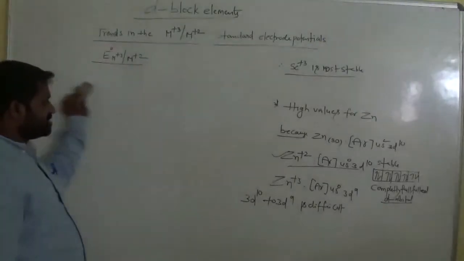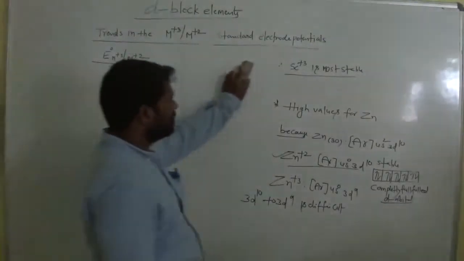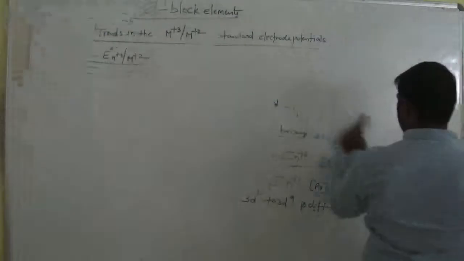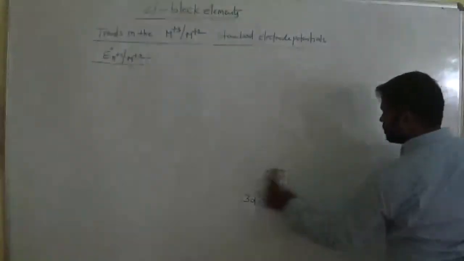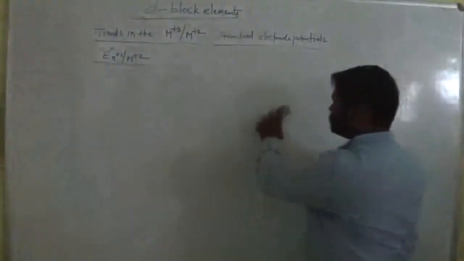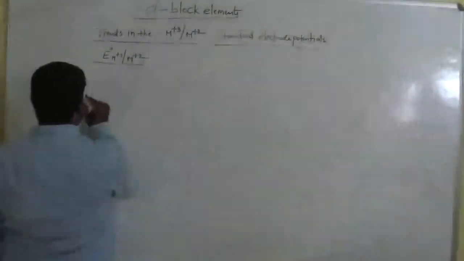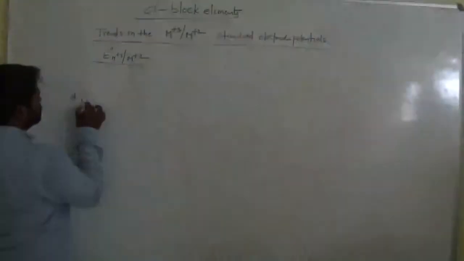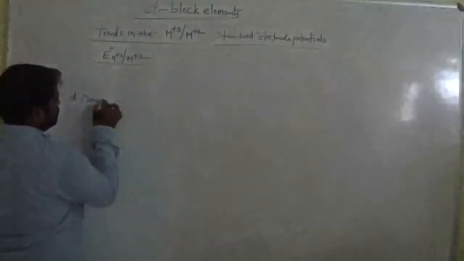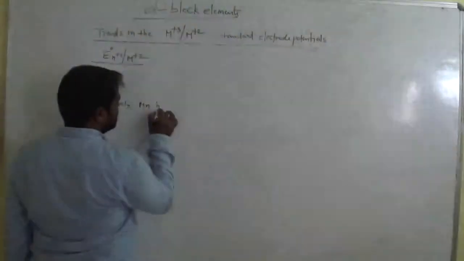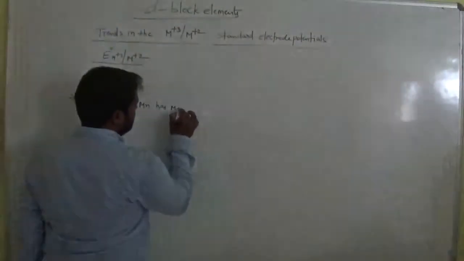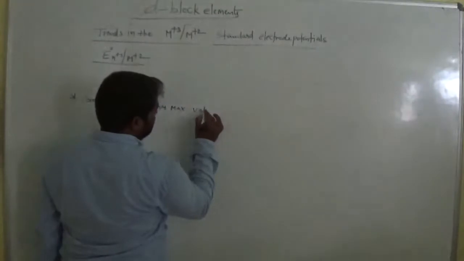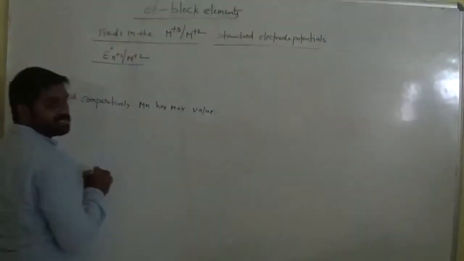And next one is, comparatively, manganese has maximum electrode potential values.